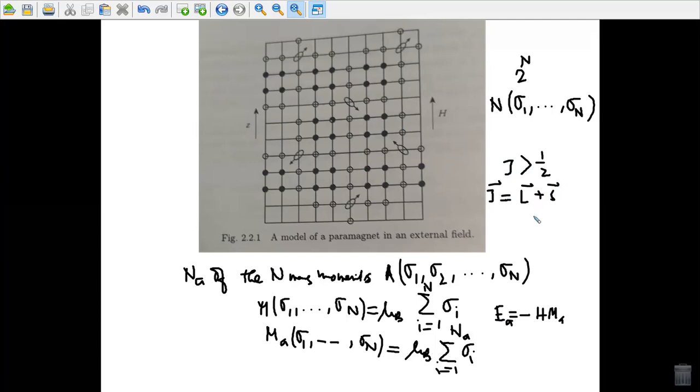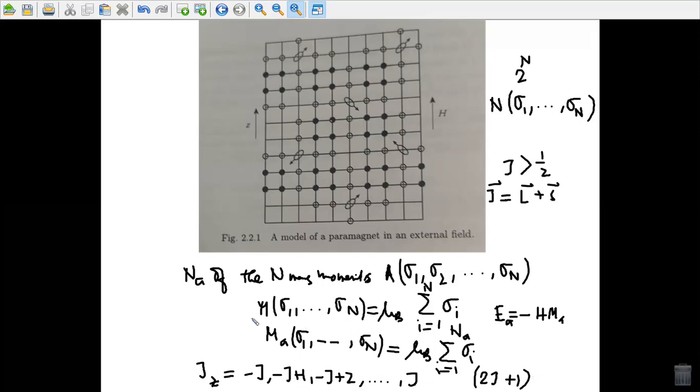So in this case, the possible values of the projection of the angular momentum along H are J_z equals minus J, minus J plus 1, minus J plus 2, up to J. So there are 2J plus 1 possible projections.